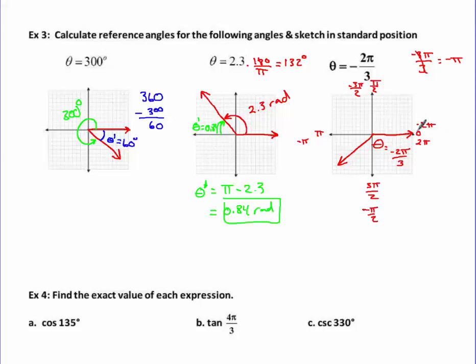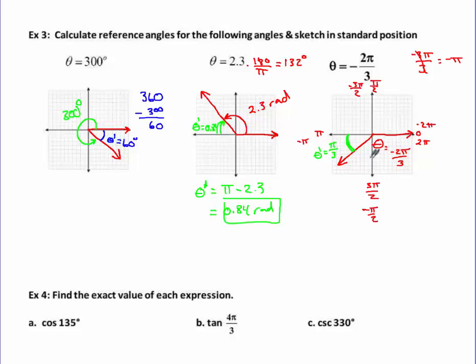But we need to know this angle. It's the positive angle between the x-axis and the terminal side. Now, if we had gone 3 pi over 3, we would have landed here, right? But we only went 2 pi over 3. So we were short 1 pi over 3.